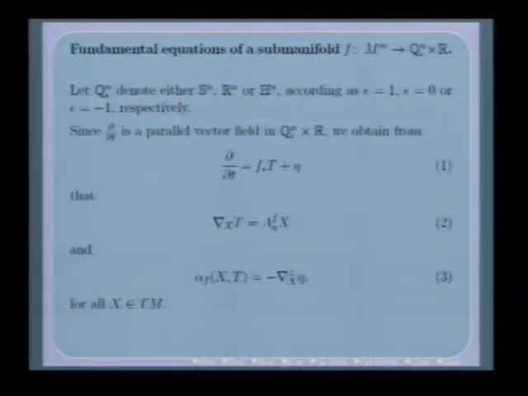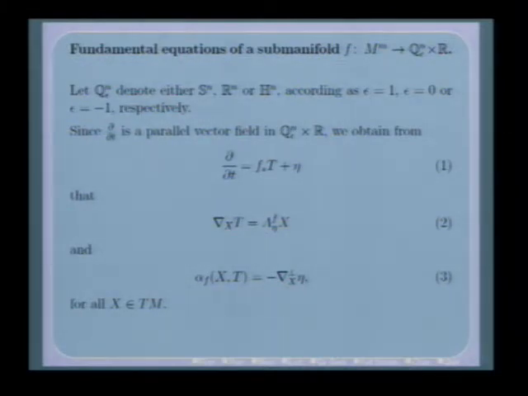But before that, let me remind you of the fundamental equations of a submanifold in a product space. So, most of what I'm going to say now applies for both S^n cross R, H^n cross R, and even Euclidean space if we take this factor as n-dimensional Euclidean space. So this symbol will denote either of such models of the space forms.